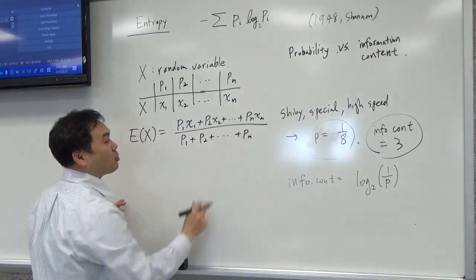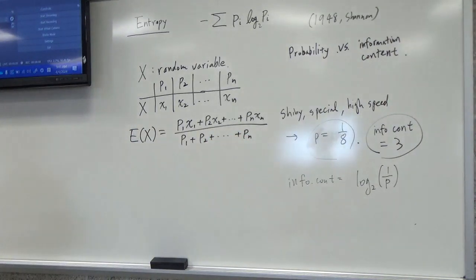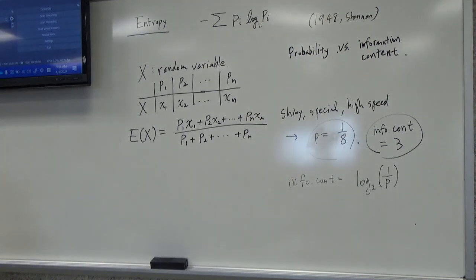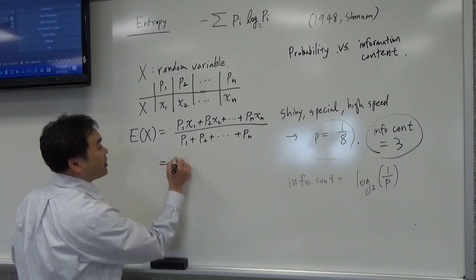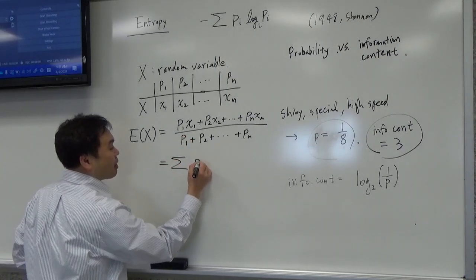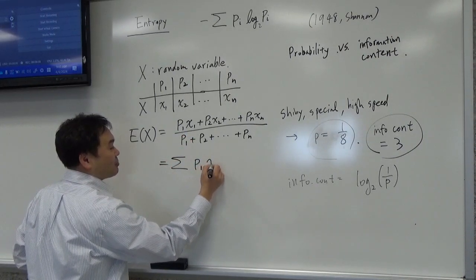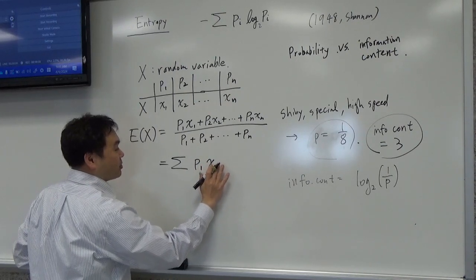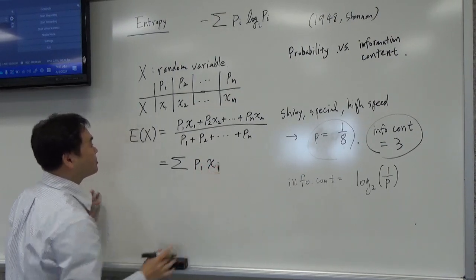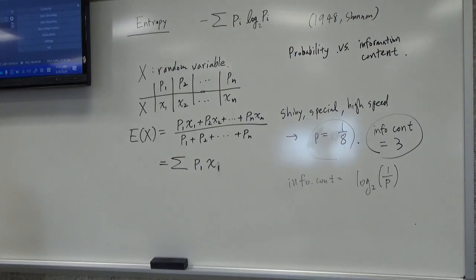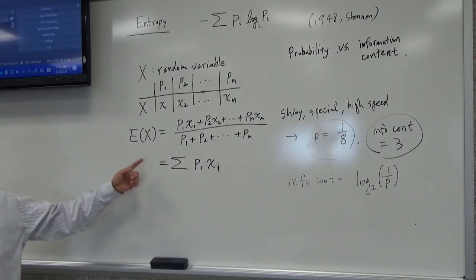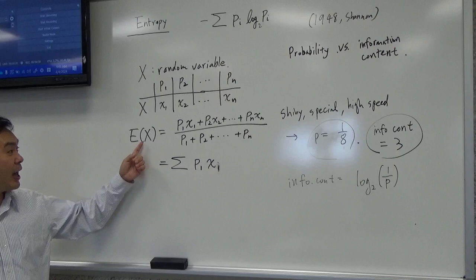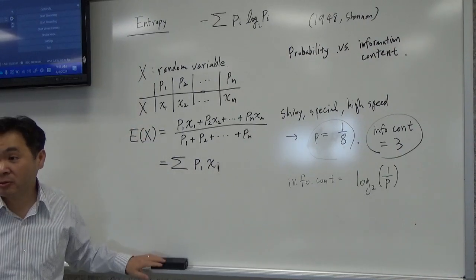But if you have the sum of all the probabilities, what do you get? What do you get if you add up all the probabilities? 1. So it's simply the summation of probability times the value. So that's called the expectation value, or the average value of this random variable.